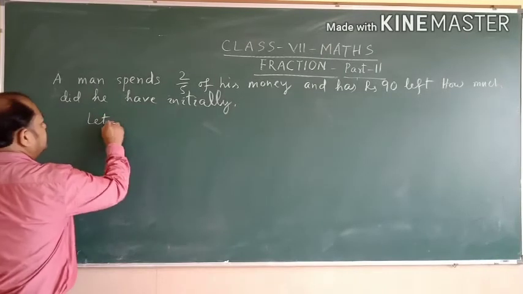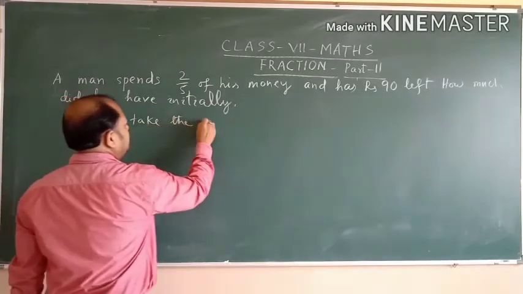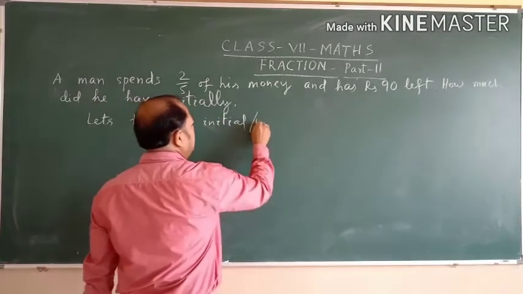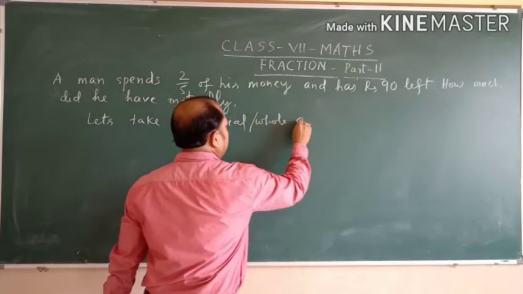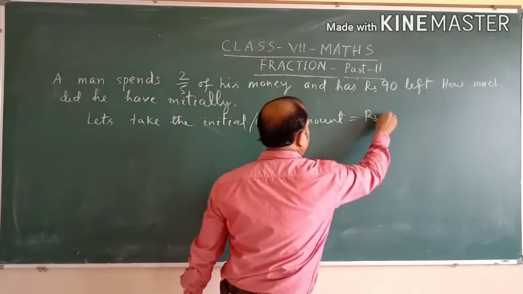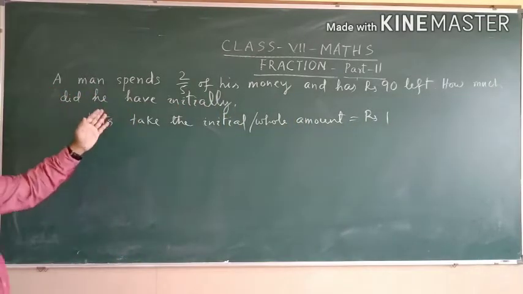Let's take the initial or whole amount equal to rupees 1. Then the question says that the man spent 2 by 5 of the money.